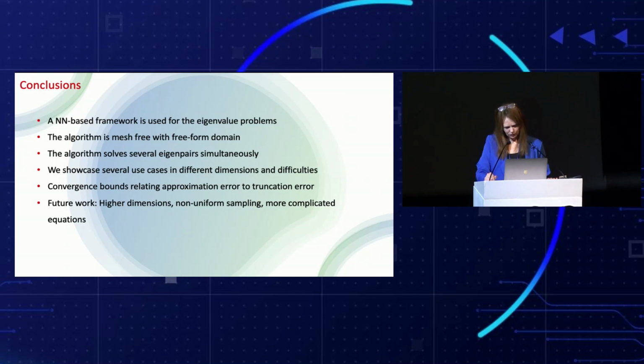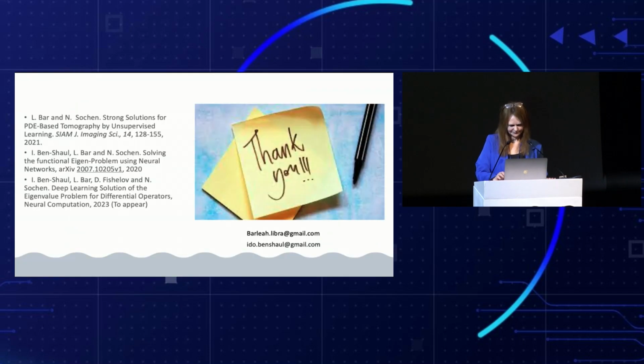We are now also working on 3D, but basically it can be extended to any dimension. We show convergence bounds relating approximation error to truncation error. In future work, we are going to address higher dimensions, non-uniform sampling, and more complicated equations. Thank you very much.